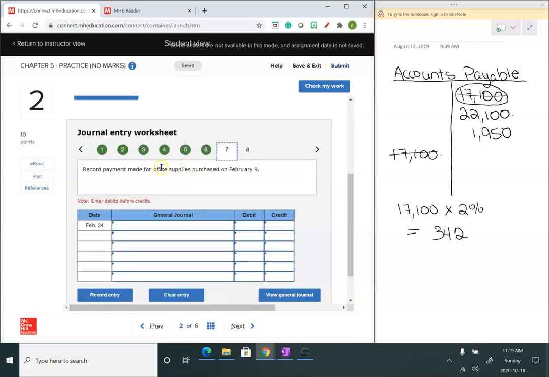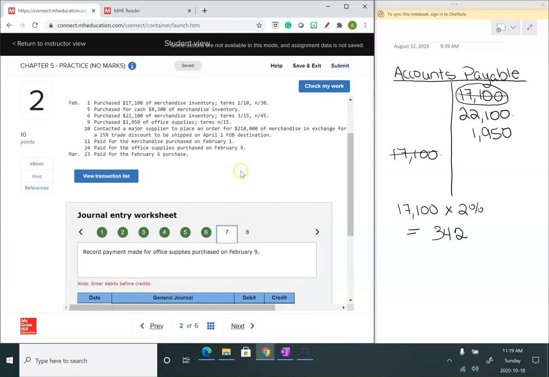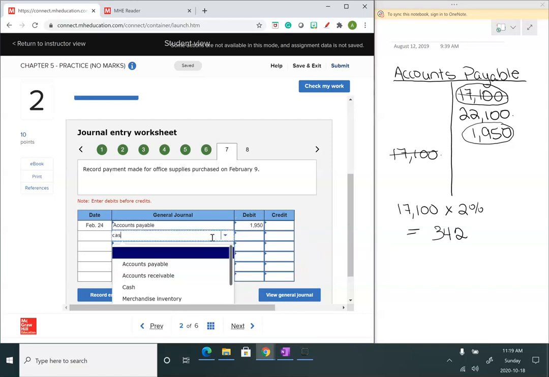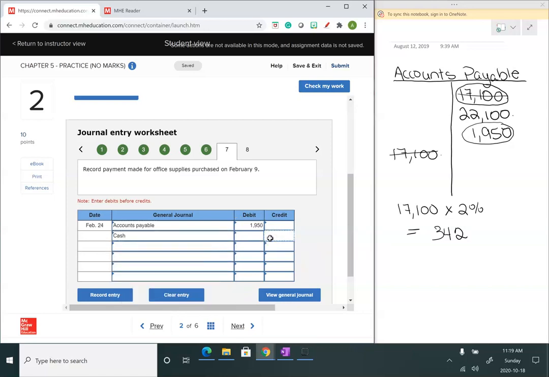The next one is record payment made for office supplies purchased on February 9th. So the office supplies were this one here, the $19.50. So that's this amount in accounts payable. So since it's just due in 15 days, we just move it out of accounts payable, $19.50, and then record cash, $19.50.